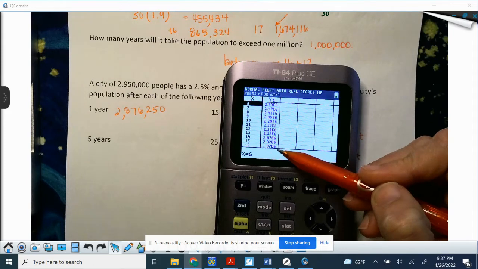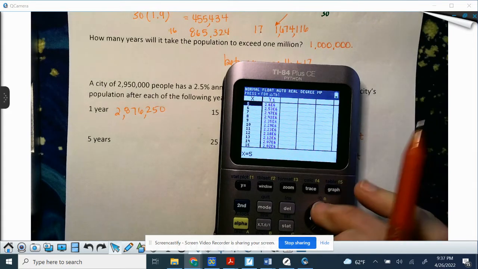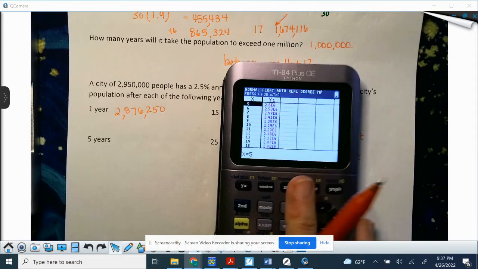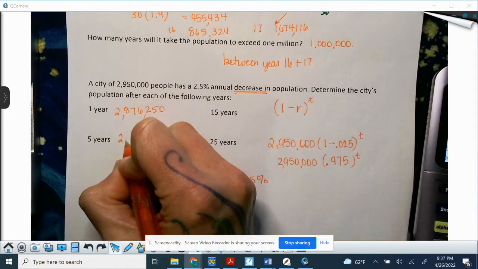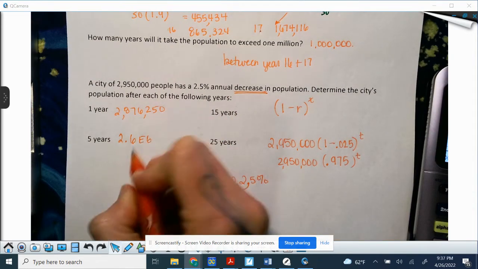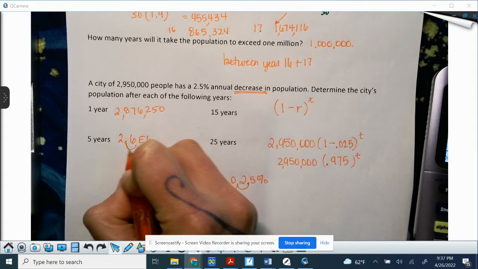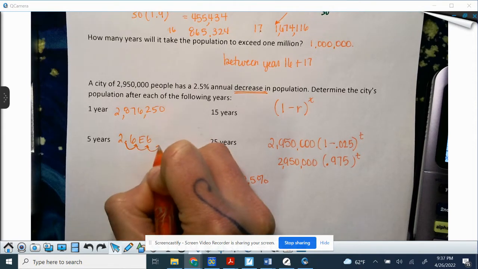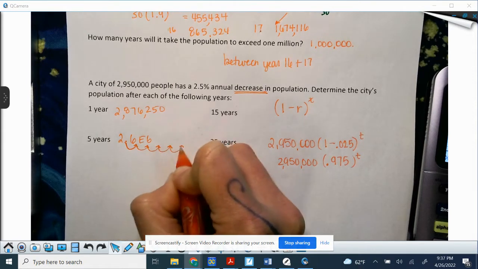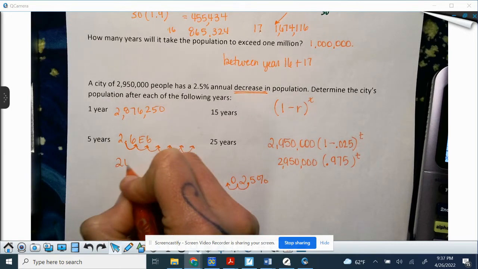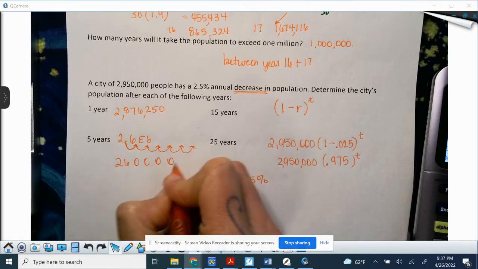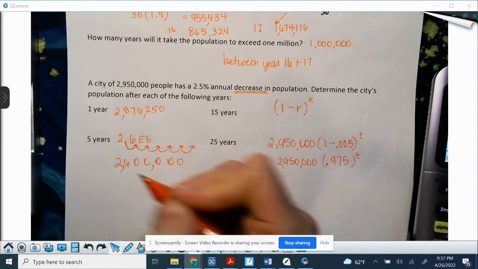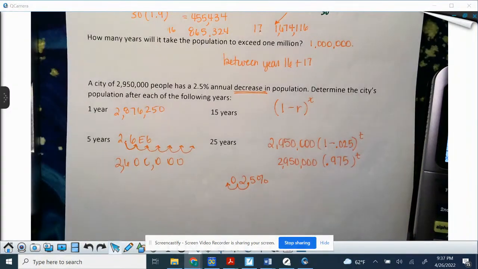But the idea is that at 5 years it's 2.6 e6. Just so you know what this is, 2.6 e6 means that decimal is going to move 1, 2, 3, 4, 5, 6. So it's 2,600,000 and some people in 5 years.